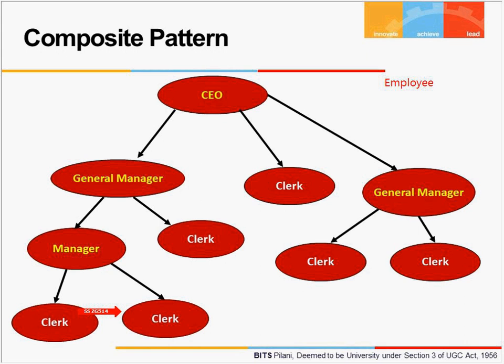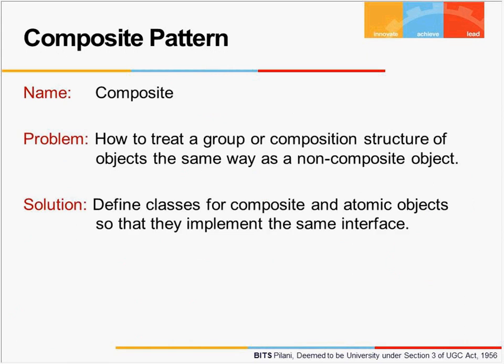So let's see the problem that the composite pattern aims to solve. How to treat a group or structure of objects in the same way as a non-composite object, right? So you want an implementation so that if it is either a composite object or a non-composite object, you are able to treat it in the same manner using the same interface.